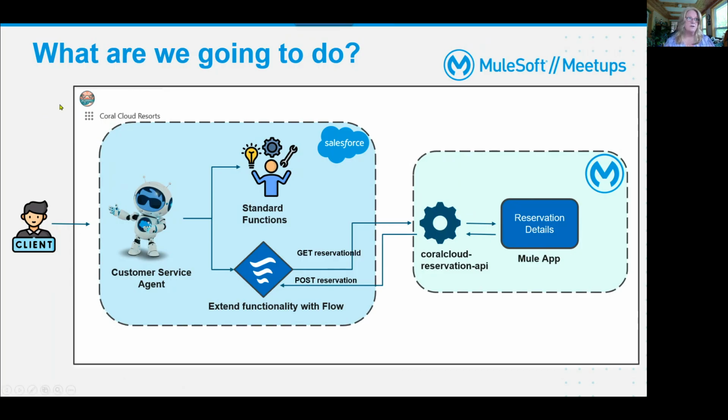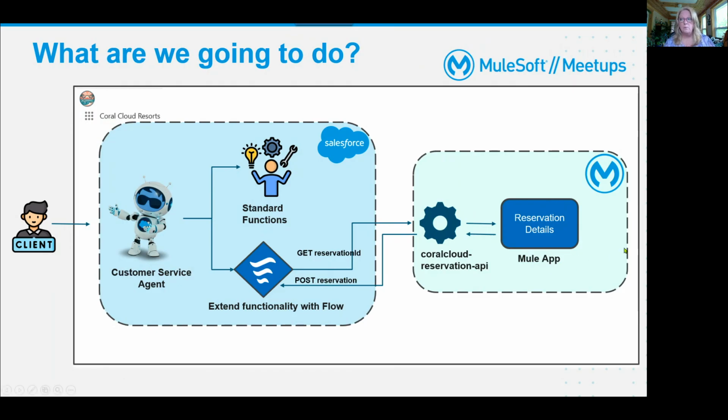We have an agent in our Salesforce org that will be able to use the features of this API by way of API catalog, because it will automatically create a topic for our API.